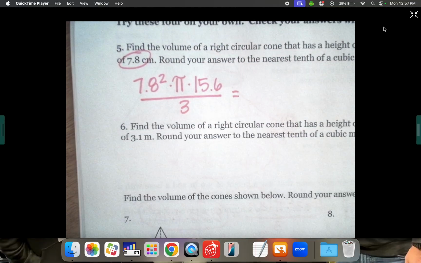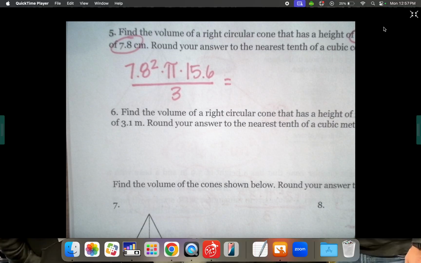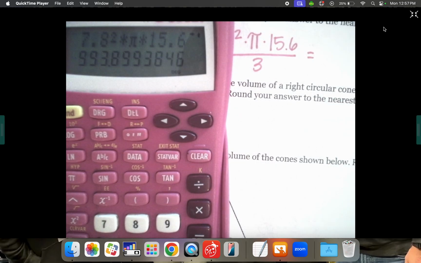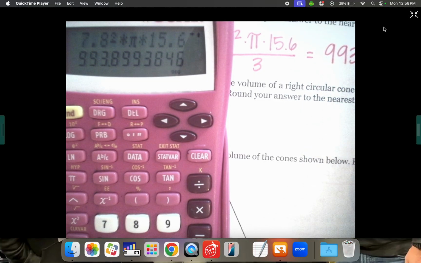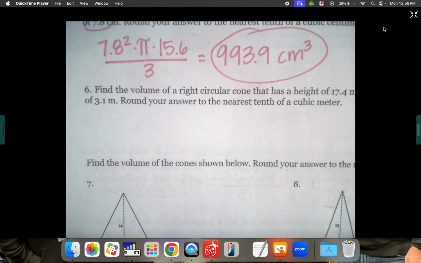So this is how you should have solved this problem. 7.8 squared times pi button times 15.6 and then divided by 3 should have come out to be 993.9 if you rounded that correctly, and that is cubic centimeters.